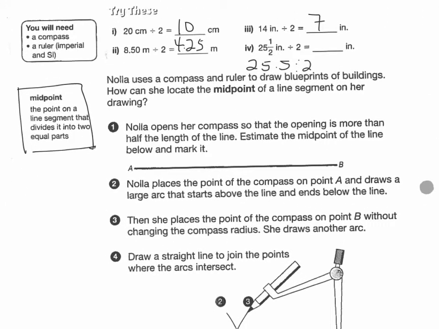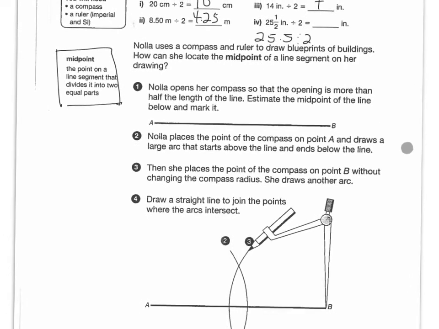Now here's a fancy little trick that you can use to find the midpoint of a line if you don't have a ruler. So you can take one of these things, it's called a compass. This thing here, right, that's a compass. And you have to open it up to a point that you know is more than halfway. So visually I can look at this and go, I think this is halfway there.